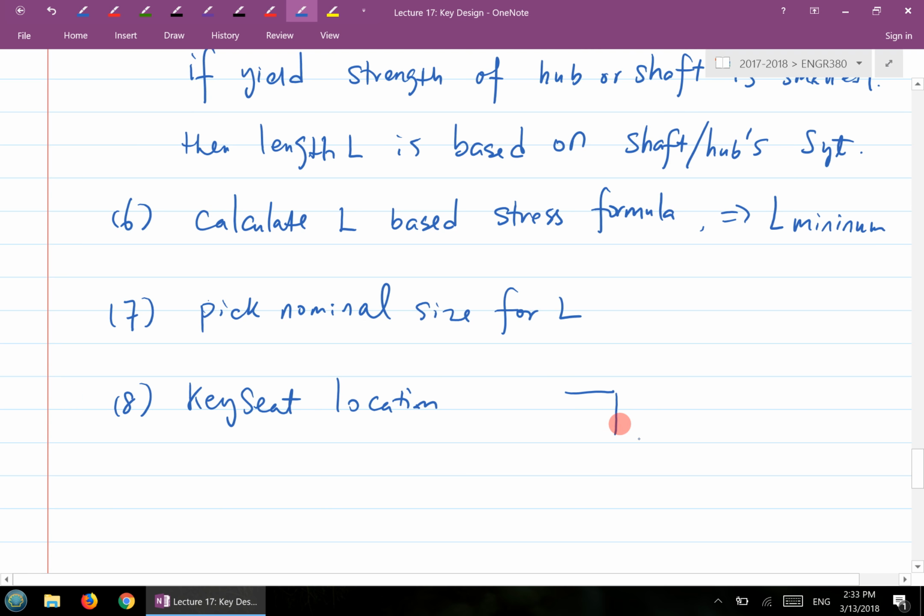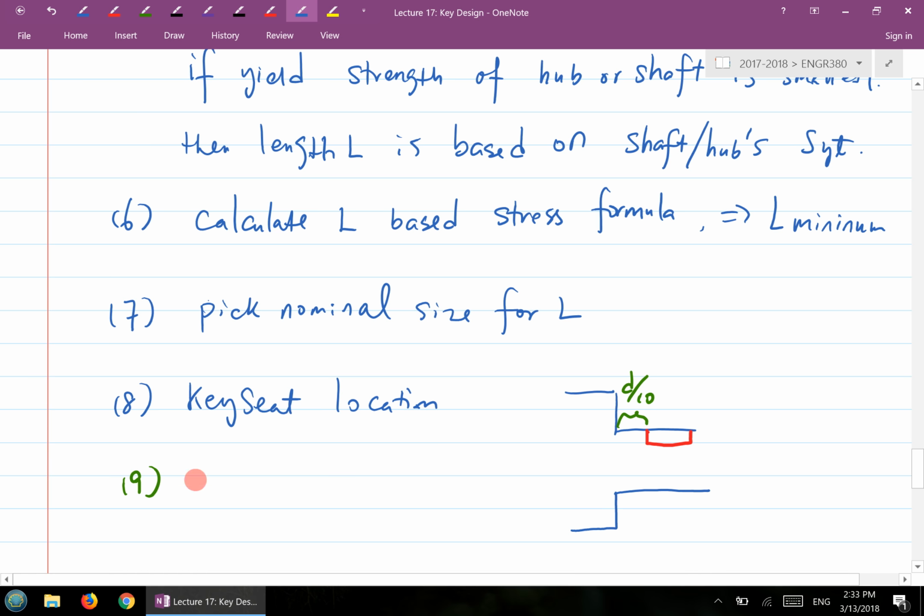Let's say this is your shoulder here, and we have a key seat over here, for example. Now, your key seat, if you recall, should not be too close to the shoulder location. Make sure there is at least d/10 of a distance to the fillet location, so that you don't have the merge of the two stress concentrations, right? Because key seats are typically locations with a very high stress concentration.